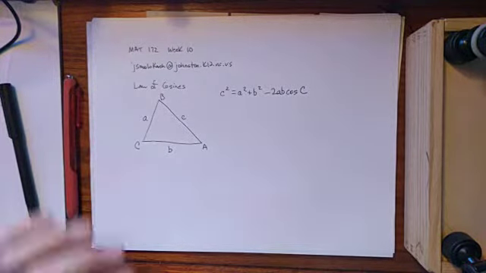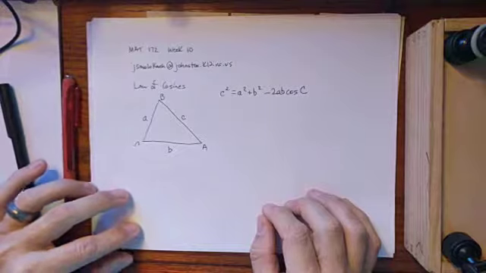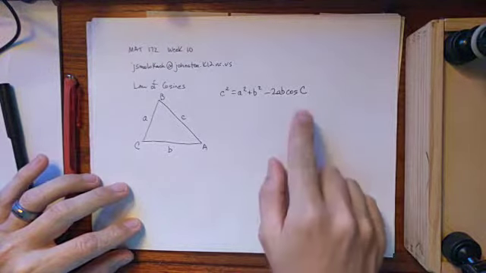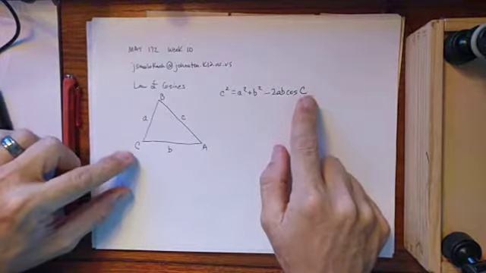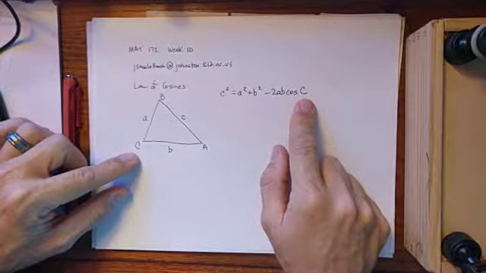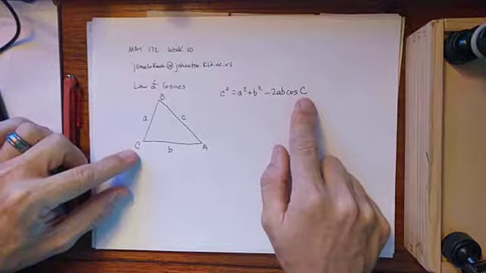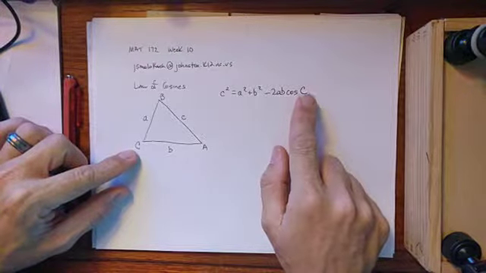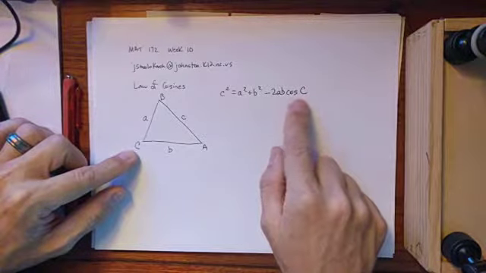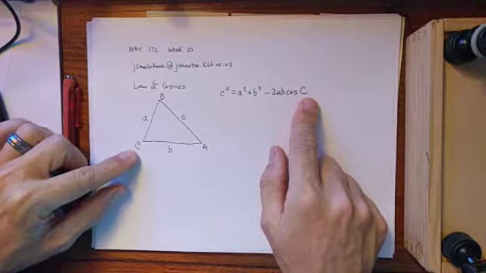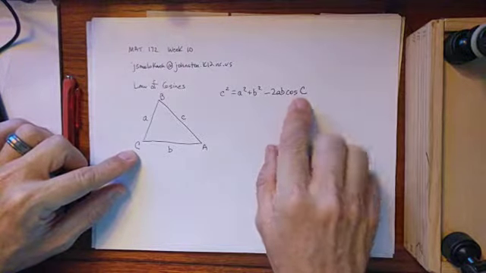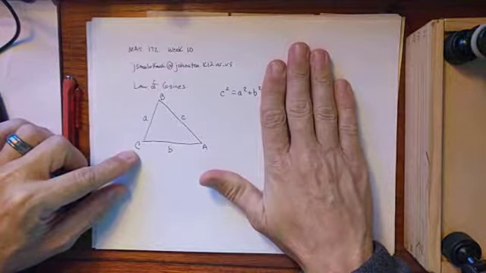At first glance, this looks a lot like the Pythagorean theorem, and if angle C were a 90-degree angle, that's exactly what it would be. The reason is that the cosine of 90 degrees is 0 from the unit circle, and 0 times anything is 0, so you just get the Pythagorean equation.